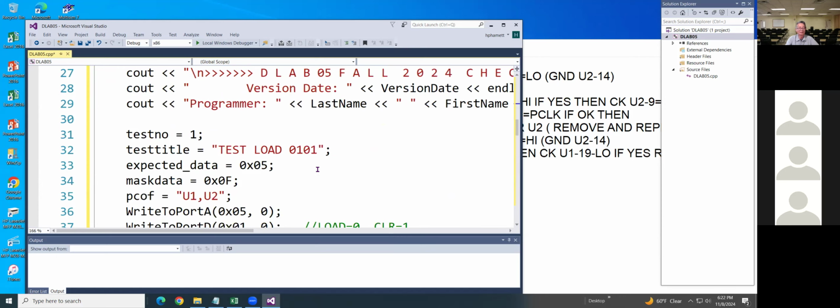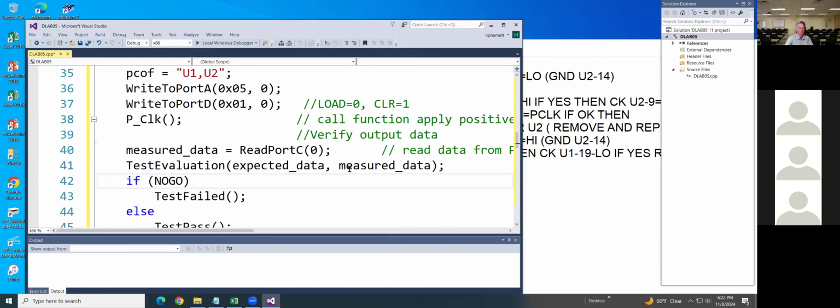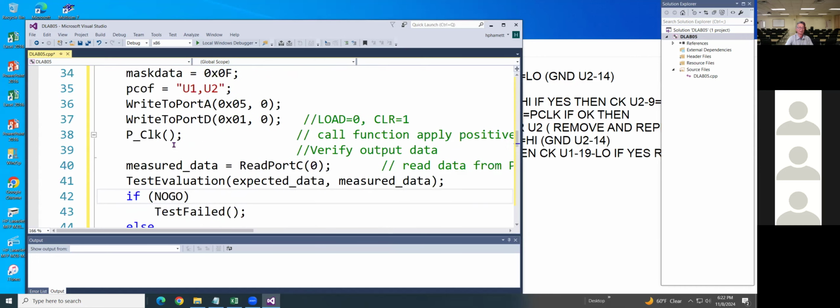Now the thing is, they gave you the load test, expect math, because you don't have that one.